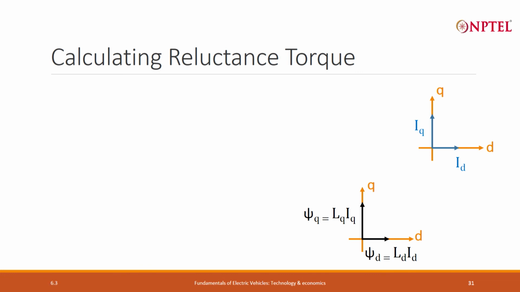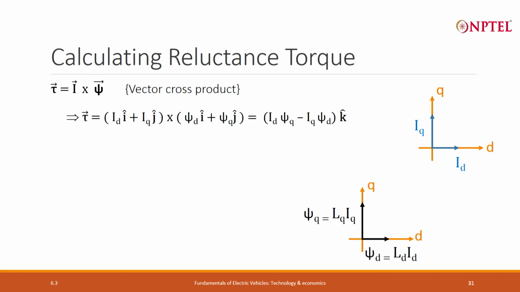From your knowledge of vectors, you know that the two cross products will actually have the angle in opposite directions. When I do xi q cross I d, it will be a direction opposed to xi d cross I q. So, the difference between the two torques is what will be the reluctance torque that I get, and now that is easy to calculate.